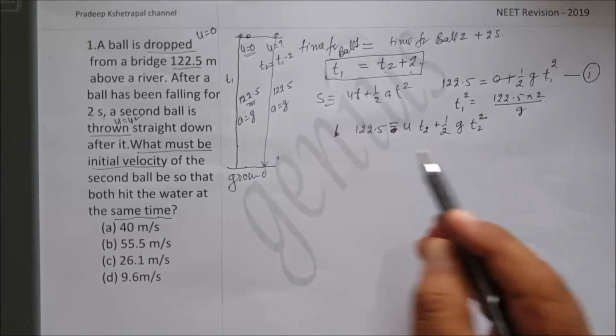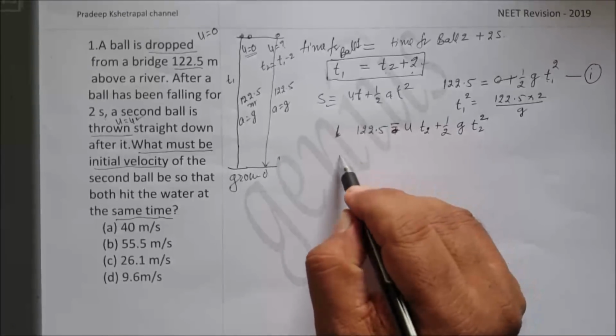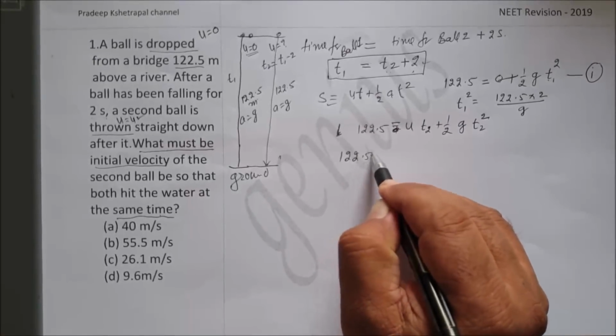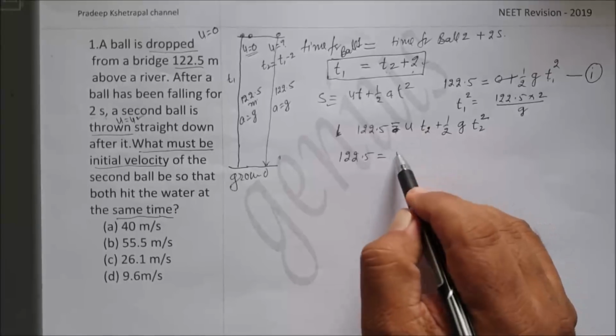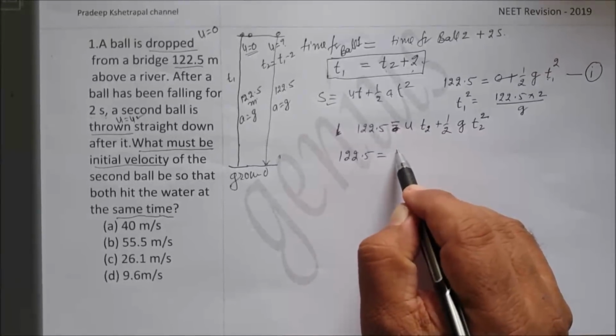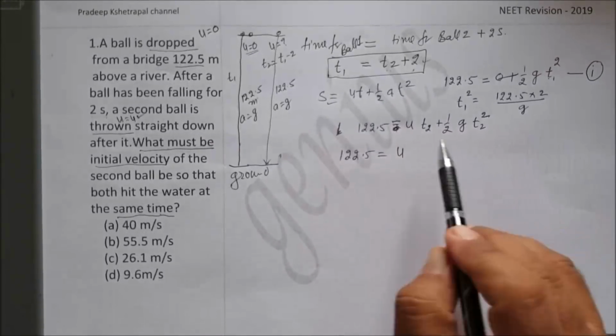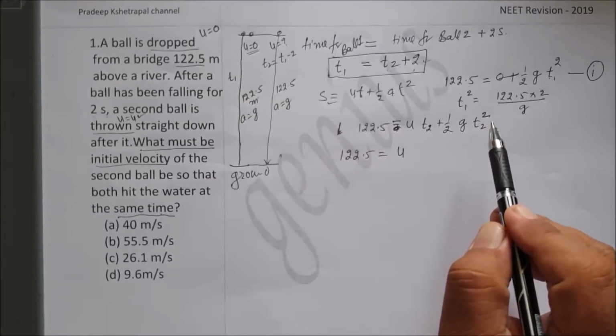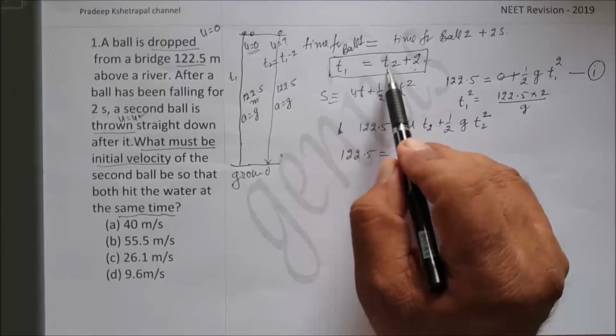Here it is. So now we put it, 122.5 is equal to u into T2 plus half g T2 square. So we must find the value of T2.